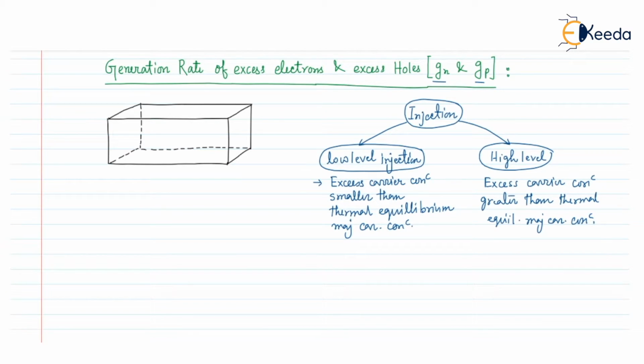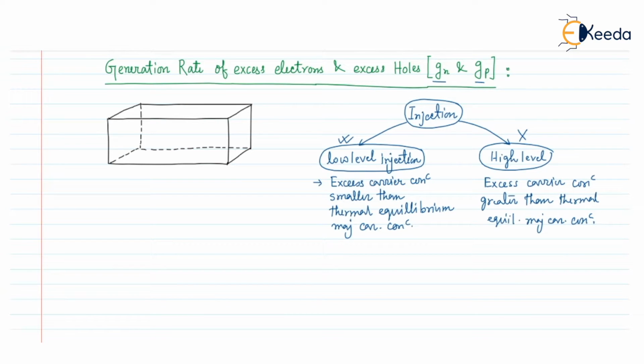But in the GATE syllabus, low level injection is there, but high level injection is not, so we will not consider this part. In every case, we will take low level injection, where the excess carrier concentration will be smaller than the thermal equilibrium majority carrier concentration.